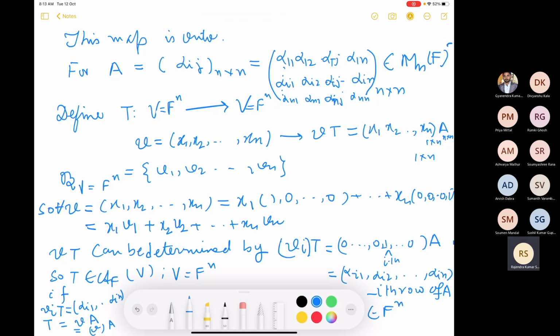On the other hand, the set of all n by n matrices with entries from F is also an associative algebra with identity, and the dimension as a vector space of this algebra over F is also n square.